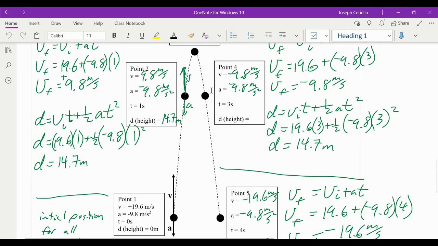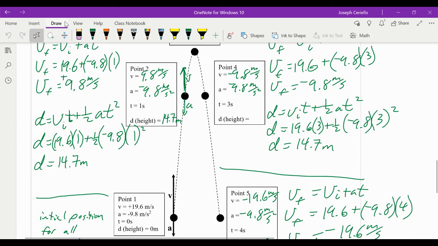One thing I didn't quite draw in this, and I don't have my pen hooked up, so I can't really show you too well right now, is that the acceleration is pointing down for all of these. So the acceleration A points down here. The acceleration points down here. The acceleration points down here.